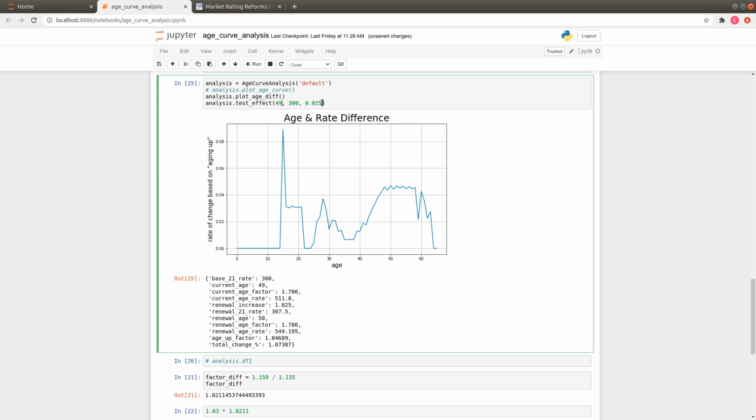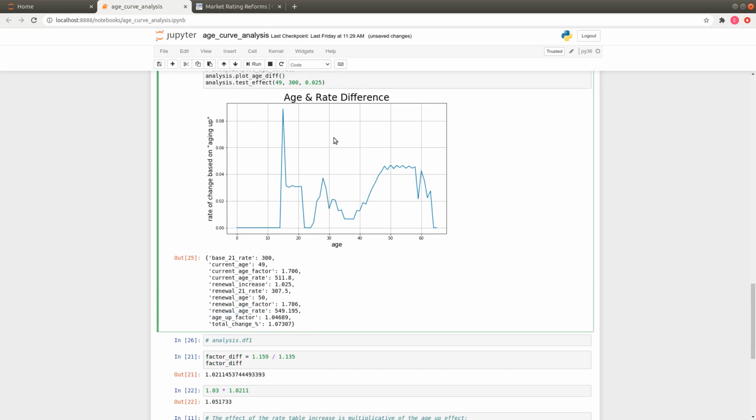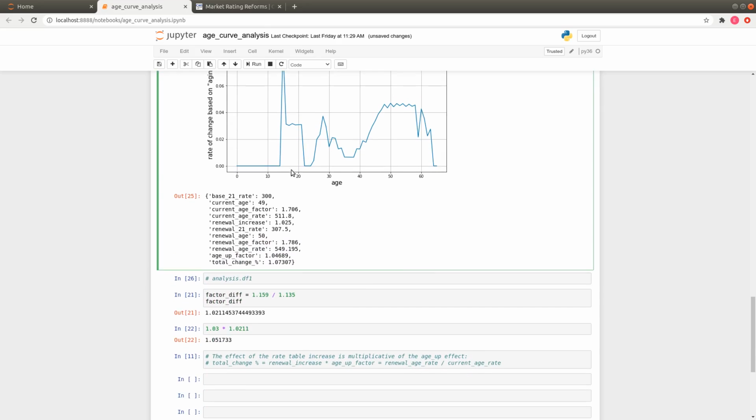In year 1, we have the $300 age 21 premium. The member's 49. The factor at 49 is 1.706. So 1.706 times 300 means they have a premium of 511.80 based on age 49.